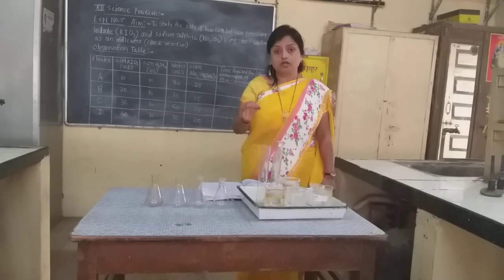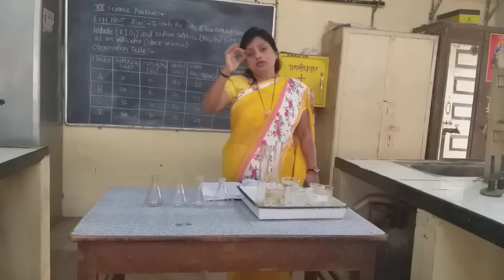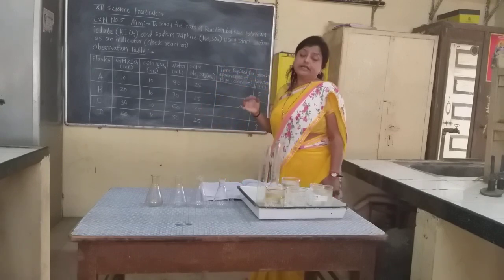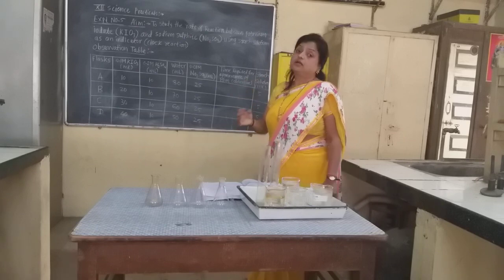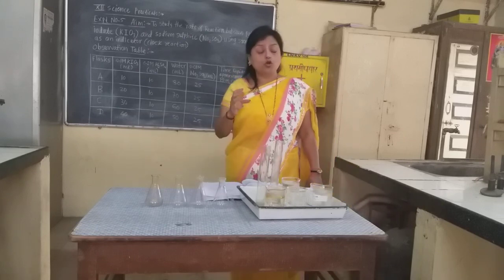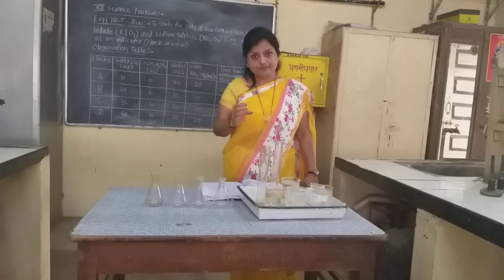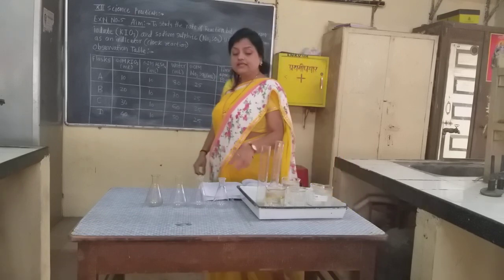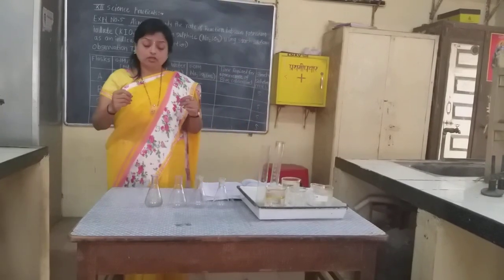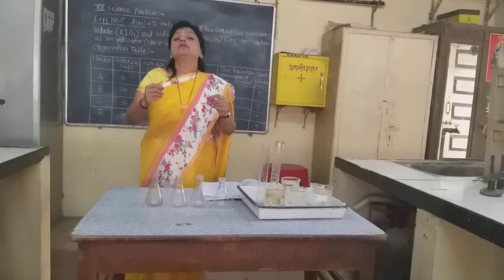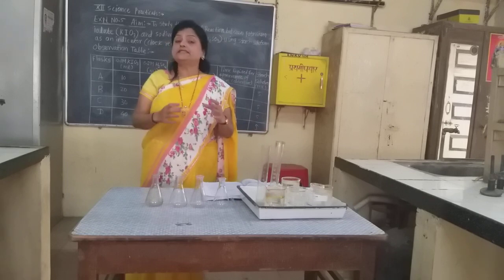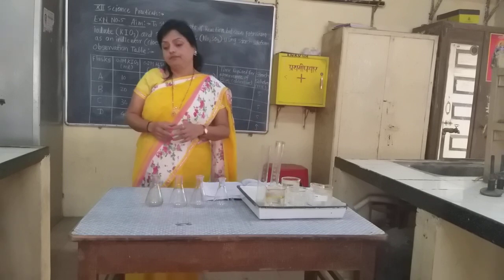Now, if we have to record the time for the B conical flask, the stopwatch must be reset, and then we start it. Now let us see how the addition of these different solutions into the A, B, C, D conical flasks is done.